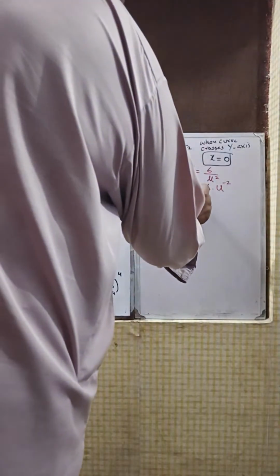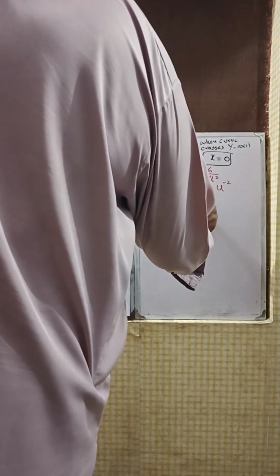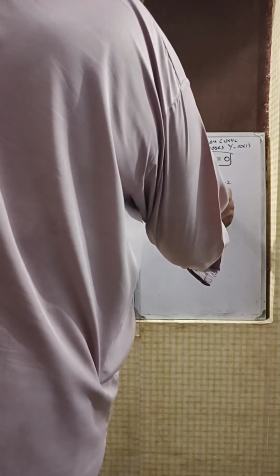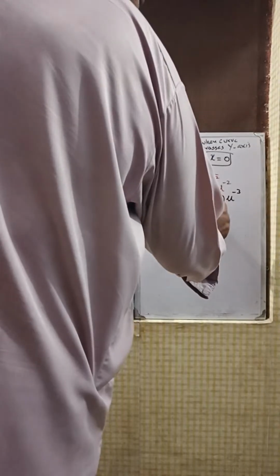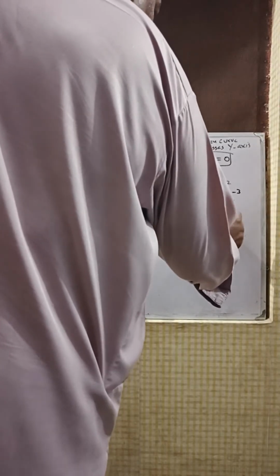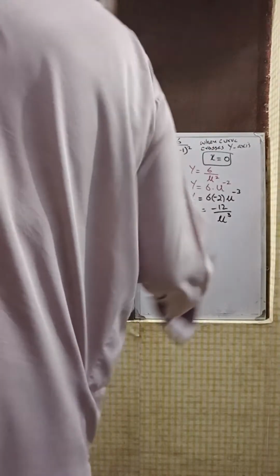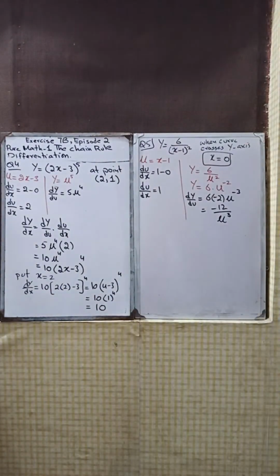Here dy by du will be equal to 6 into minus 2 u raised to power minus 3. So this will become minus 12 divided by u raised to power 3. So you see, I differentiated y with respect to u and u with respect to x. Then we are going to use the chain rule.